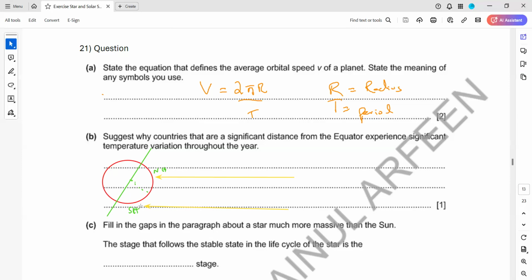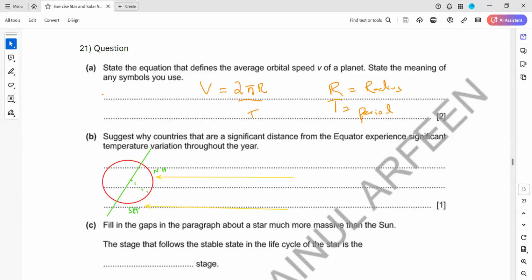And after 6 months, when it is on the opposite side, the Southern Hemisphere countries will receive a greater amount of radiation, so the duration of the day will be longer for the Southern Hemisphere than the Northern.